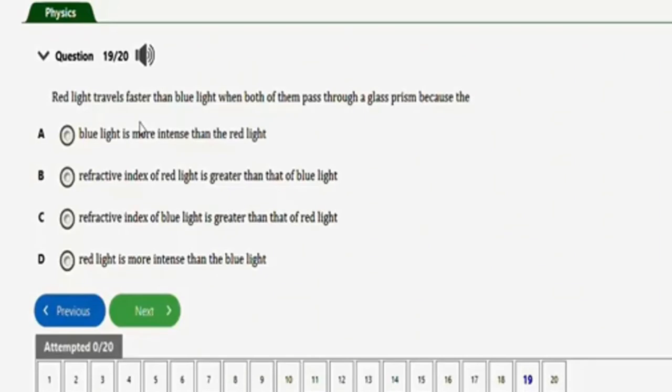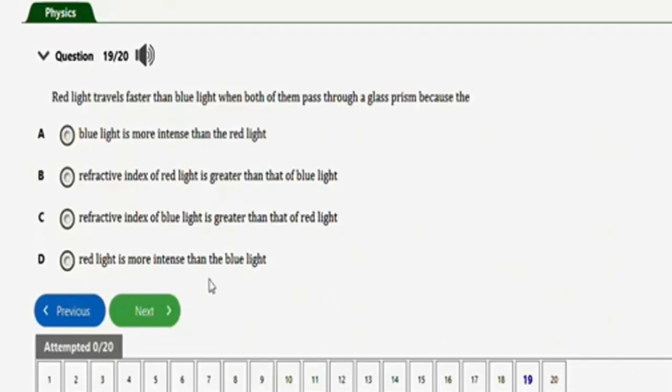So from what the question is saying, the correct option will be option C. Refractive index of blue light is greater than that of red light. That will be the right one to this question.